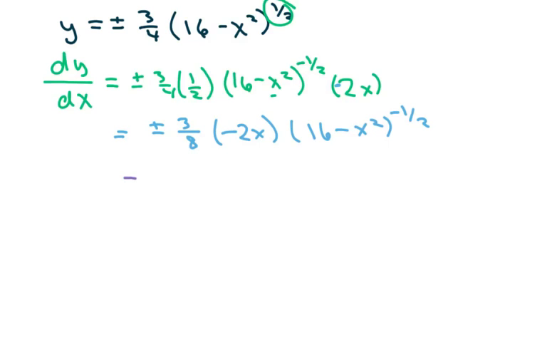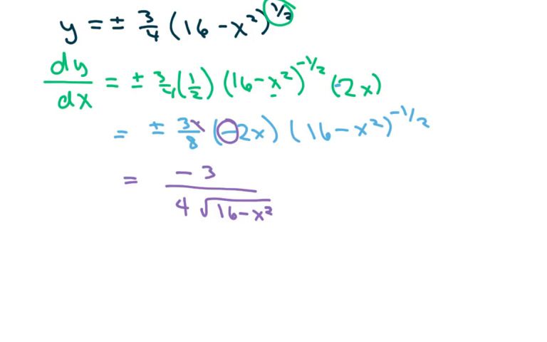So simplifying, since this is negative, I just merely switch the minus and the plus, and that's going to end up being 3/4. Let me just change that. I'm going to put the minus at the top. The 4 at the bottom is going to be positive. And then I'm going to have the square root of 16 minus x squared. Now, oh, this is negative 3x.